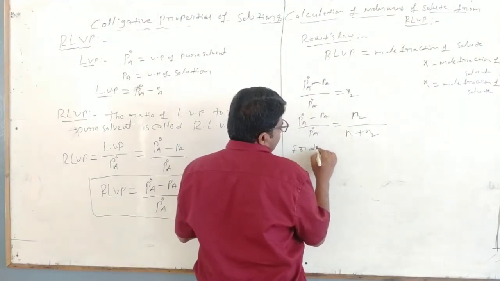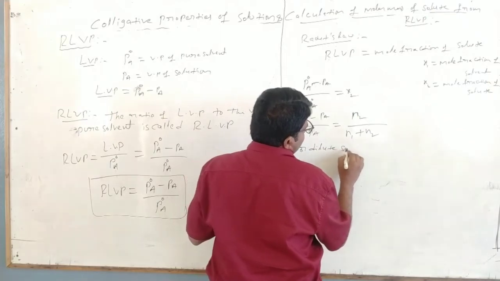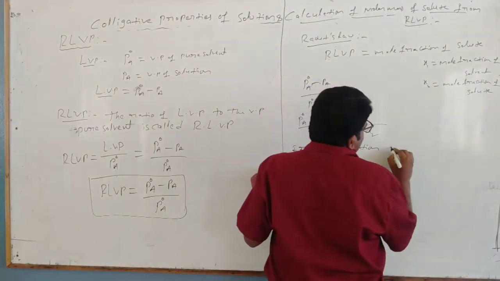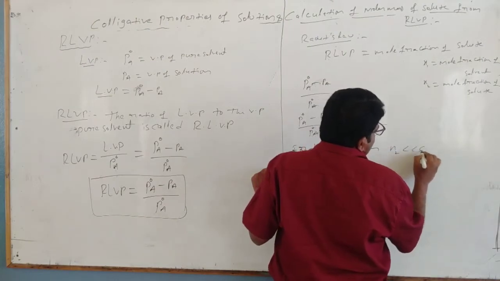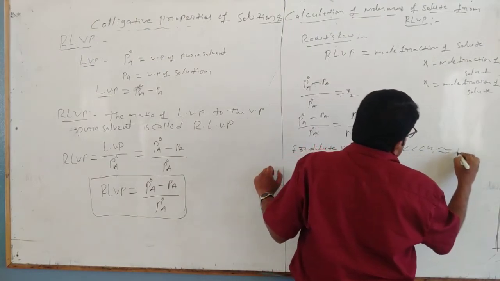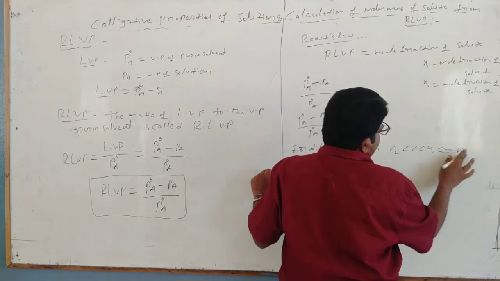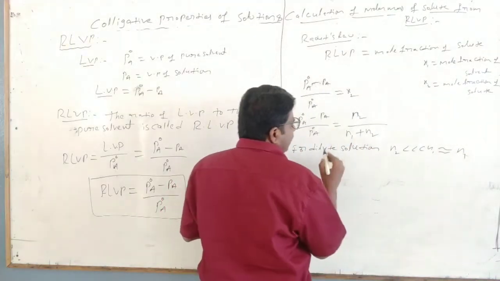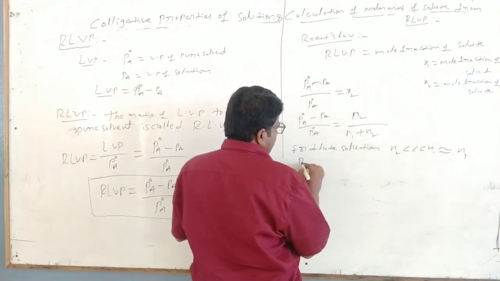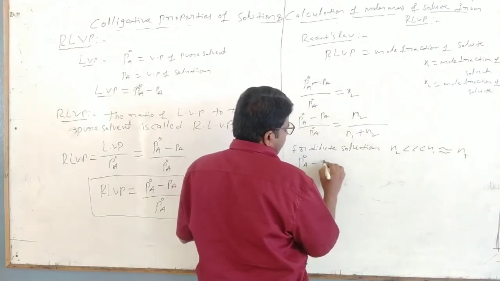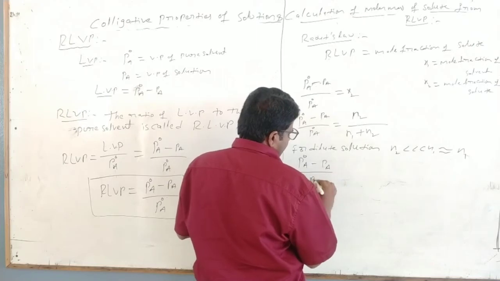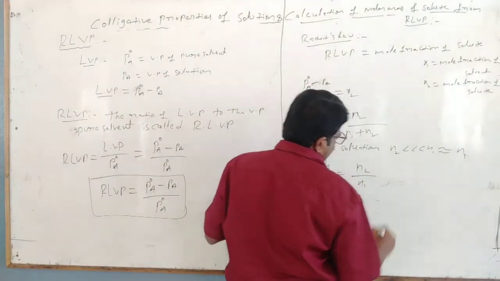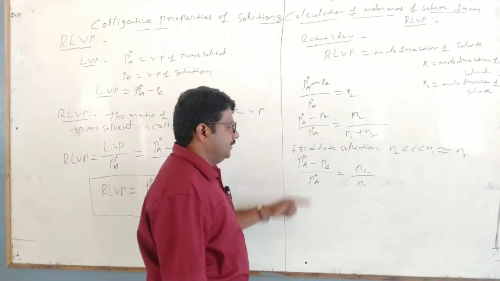For dilute solutions, N2 is very much less than N1, so the denominator is treated as N1. Now we can write P naught A minus PA by P naught A is equal to N2 by N1.